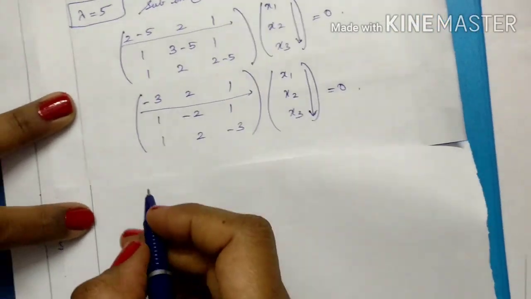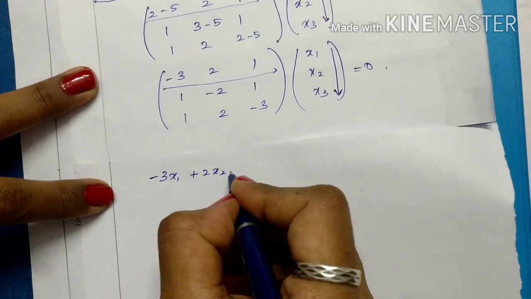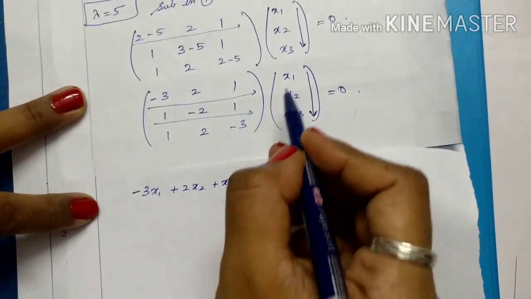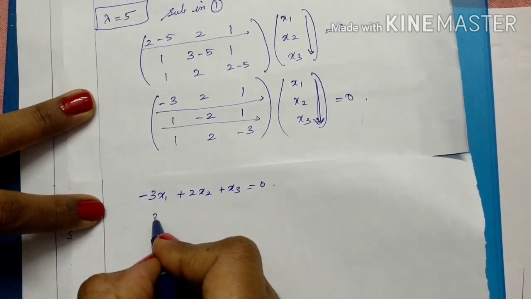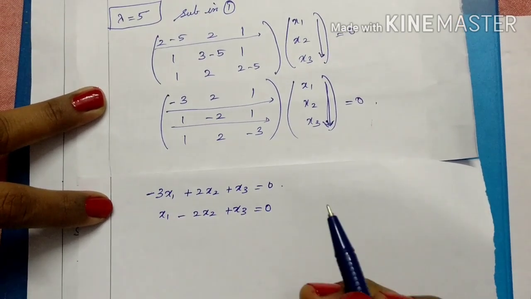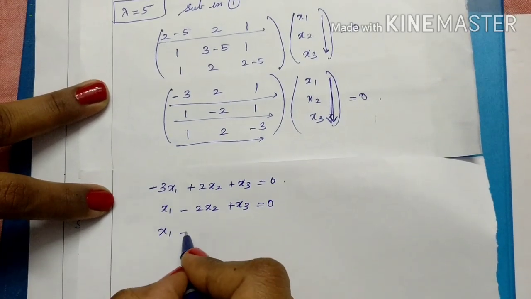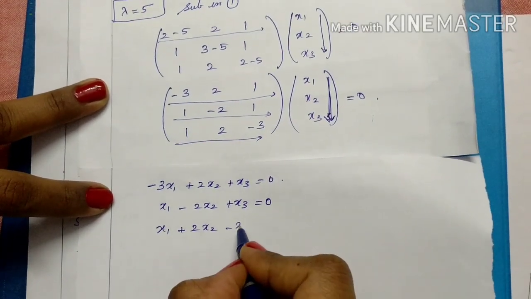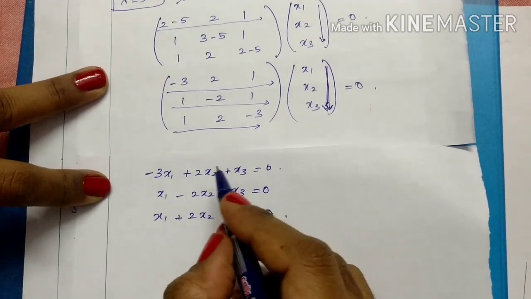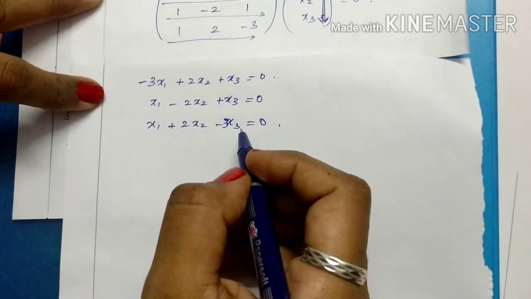So you'll be having minus 3x1 plus 2x2 plus x3 is equal to 0. Second row with the column, so I'll be getting x1 minus 2x2 plus x3 is equal to 0. Now third row with the column, so it will be x1 plus 2x2 minus 3x3 is equal to 0. 3 equations, 3 unknowns. You're going to solve it and get the x1, x2, x3 values.